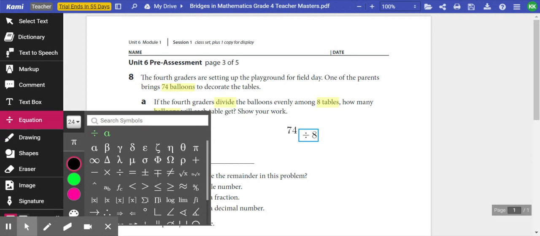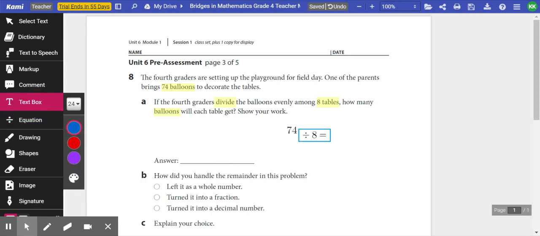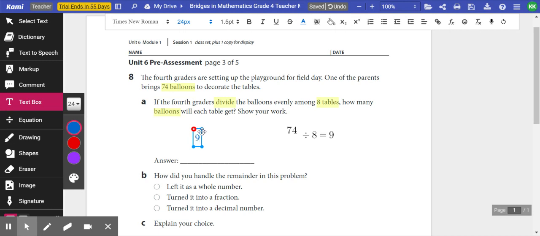Okay, and that's going to equal what? That's my question. So I'm going to think to myself, okay, what times 8 is going to equal 74? And I know that 9 times 8 equals 72. So I'm going to write that here to show my work. 9 times 8 equals 72.